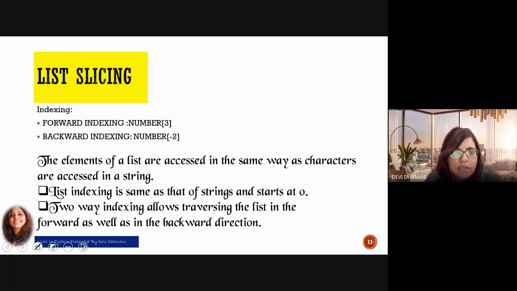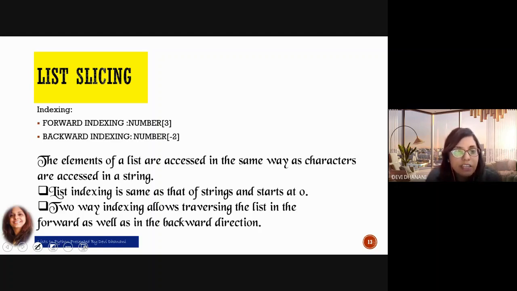Now having a quick look at what list slicing is. The elements of a list are accessed in the same way as characters are accessed in a string. List indexing is the same as that of strings, and it starts at 0. Whenever you wish to access a subpart of the list, we use slicing, and it is exactly the same as the slicing performed on strings.